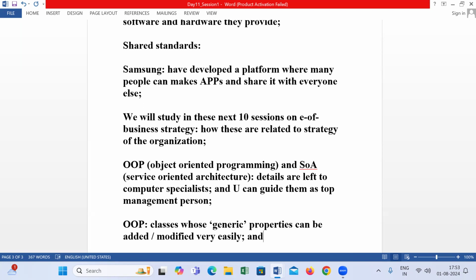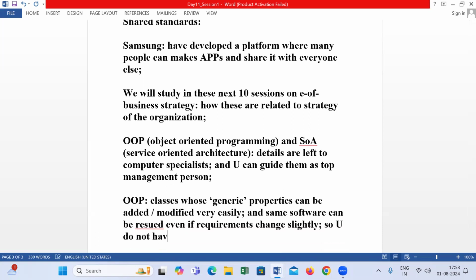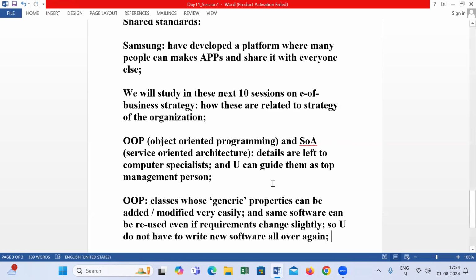And hence, the same software can be reused even if requirements change. You do not have to write new software all over again. So that is the beauty of object-oriented programming.